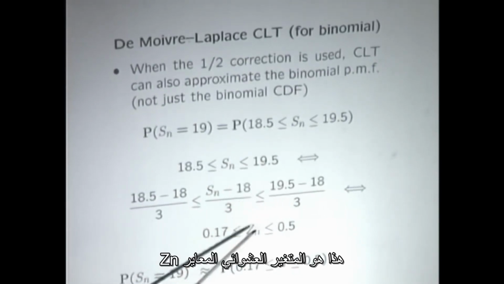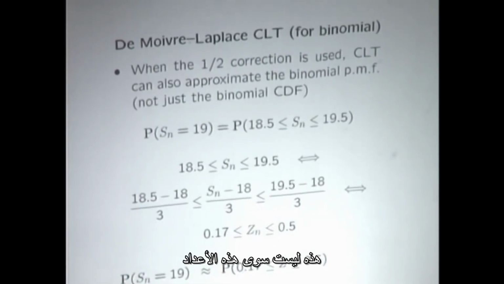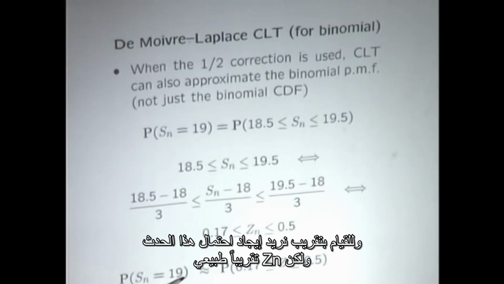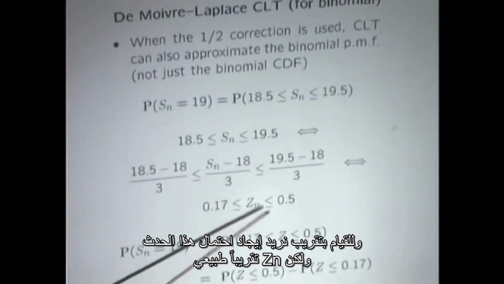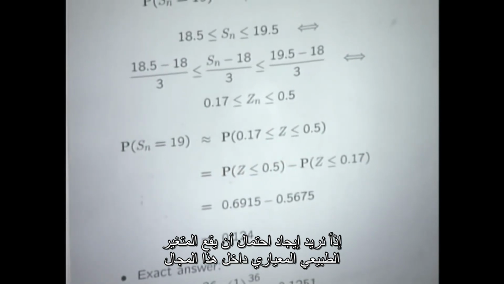This is our standardized random variable Zn. These are just these numbers. And to do an approximation, we want to find the probability of this event, but Zn is approximately normal. So we plug in here the Z, which is the standard normal. So we want to find the probability that the standard normal falls inside this interval.